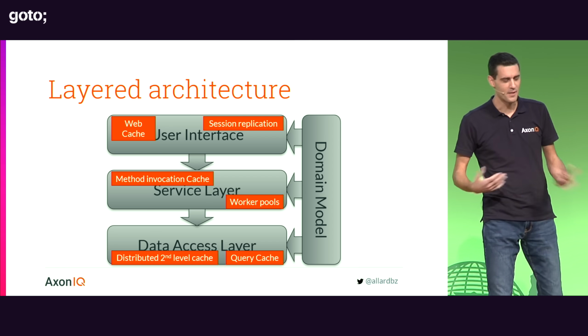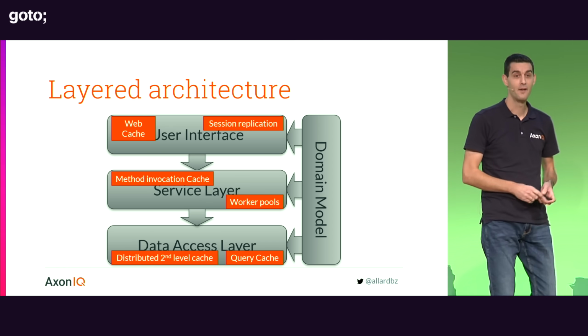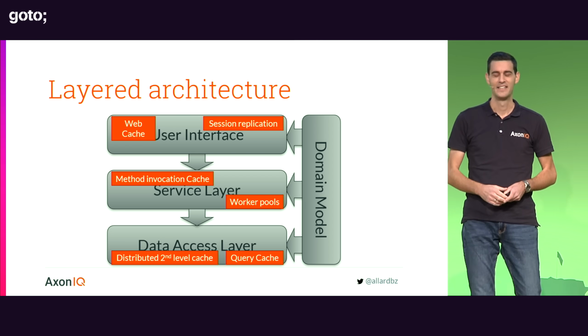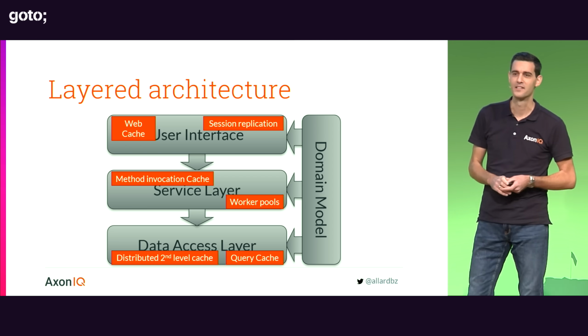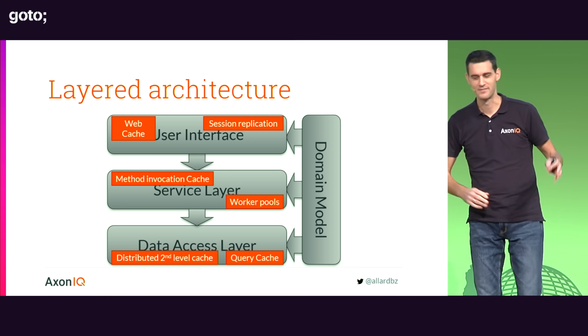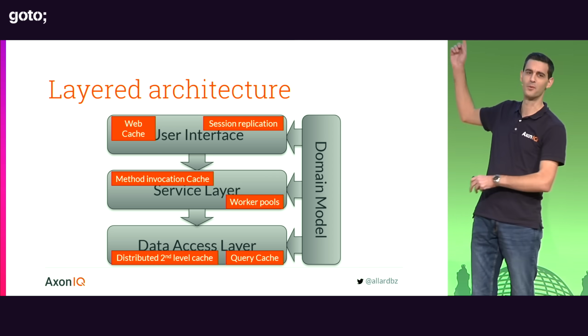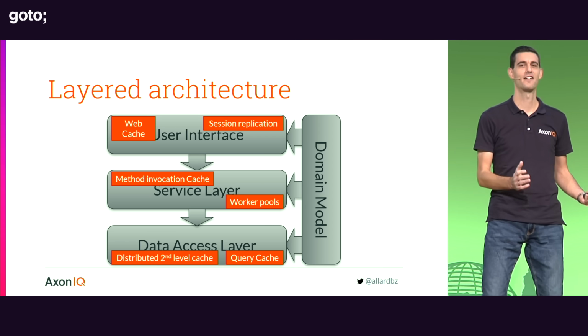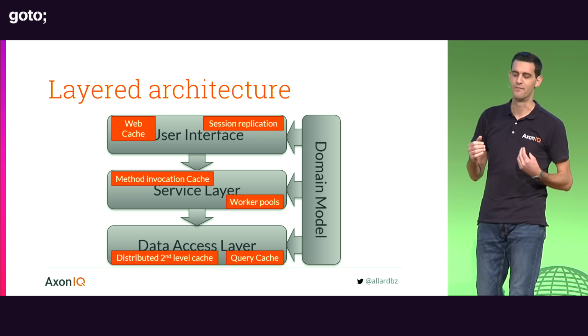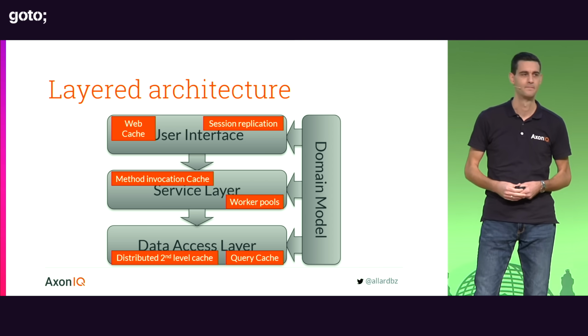So what do we do if something doesn't perform, and we cannot fix it? We add caches or other technical aspects to our application. In this case, I've exaggerated a bit. I've put caches all over the place and some worker pools, because async makes stuff faster, right? Wrong. Caches are very poor problem solvers.